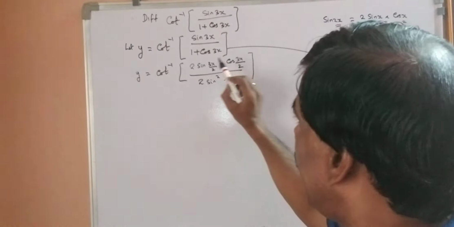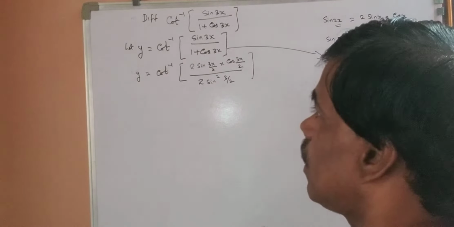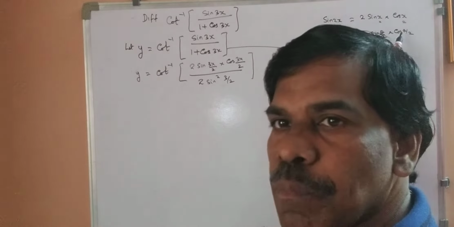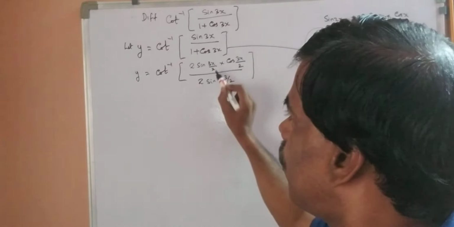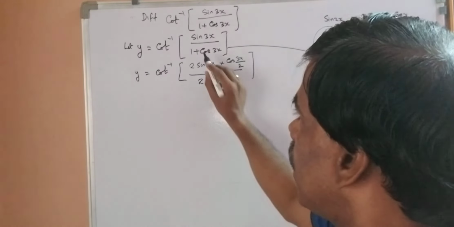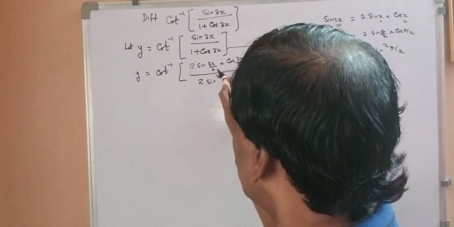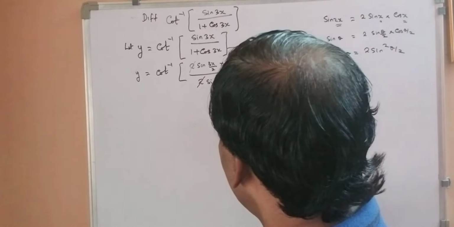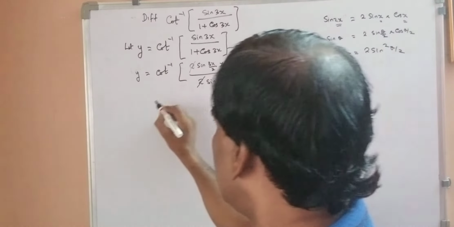Followed or not? What I did? The sin theta formula 2 sin theta by 2 into cos theta by 2, I used it. That is 2 sin 3x by 2 into cos 3x by 2. And here 1 plus cos theta equal to 2 cos square theta by 2. So 2 gets cancelled.